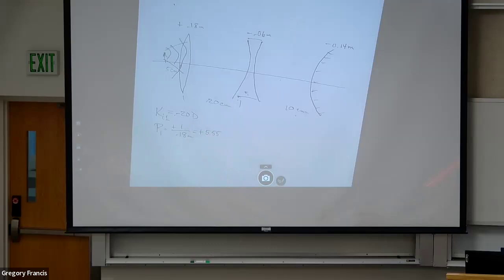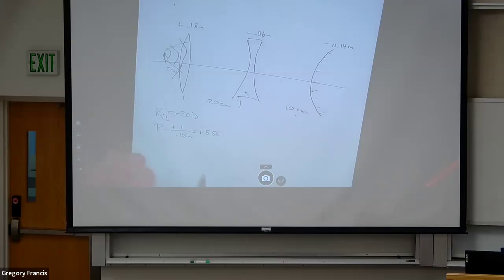Now, this is a converging lens with a focal length of 18 centimeters, and he chose to put the object 5 centimeters away. So that's inside of the focal length. Outside of the focal length, you get real images. Inside the focal length, you get virtual images.